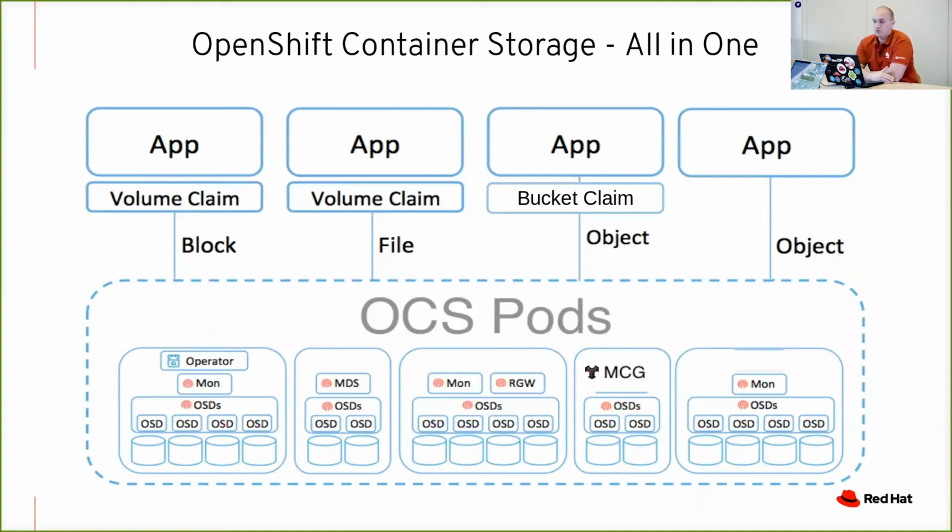Typically, you will choose dedicated storage nodes where this storage will be deployed, and from the operations, management, and monitoring point of view, it is fully integrated with OpenShift, so you will use the same tools to monitor and manage your OpenShift cluster and the storage cluster, and everything is fully containerized and deployed in OpenShift.